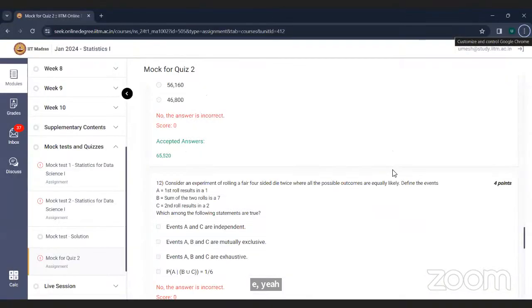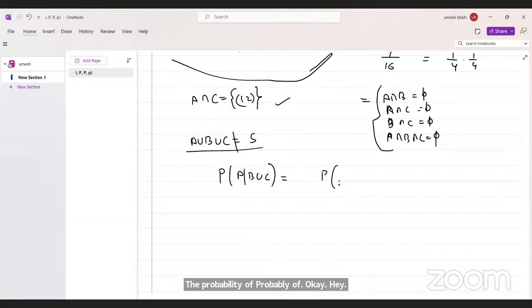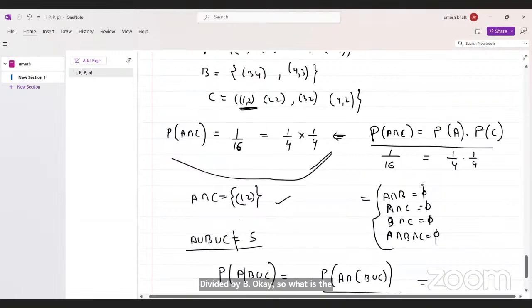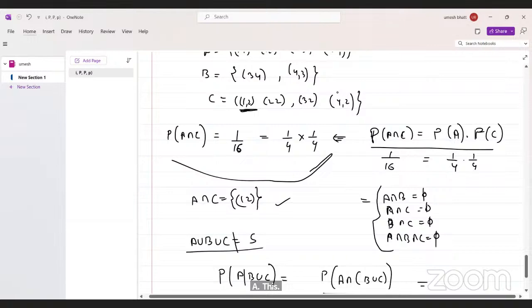Okay, so what is the probability of A given B union C? This can be written as probability of A intersection B union C divided by probability of B union C. Firstly, what is B union C? 1, 2, 3, 4, 5, 6.